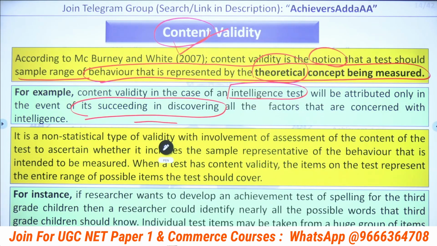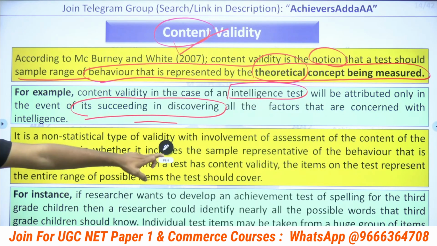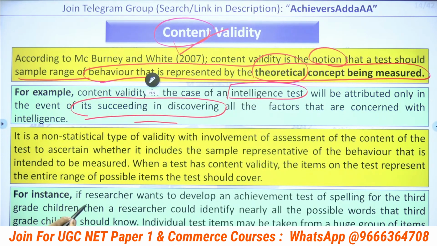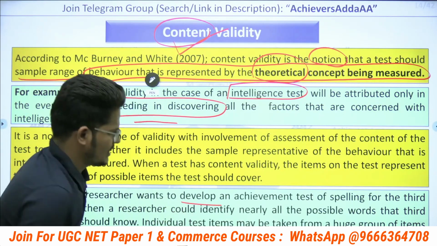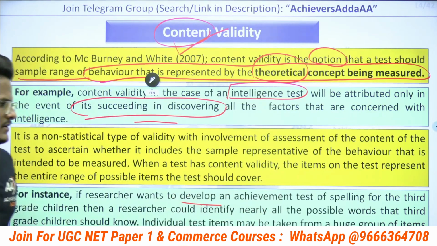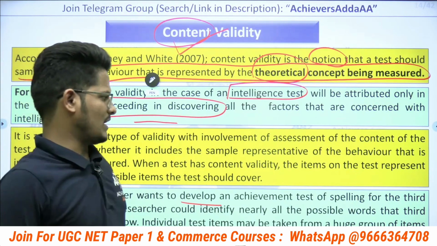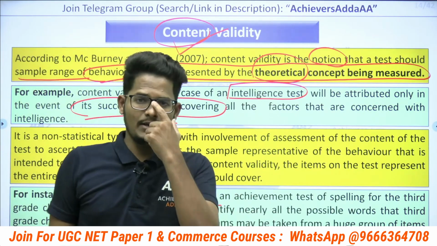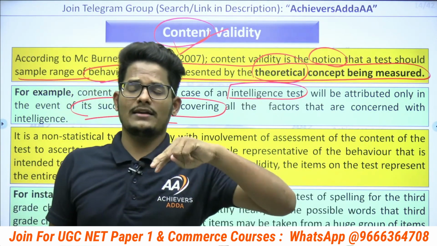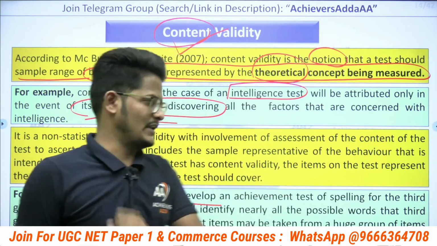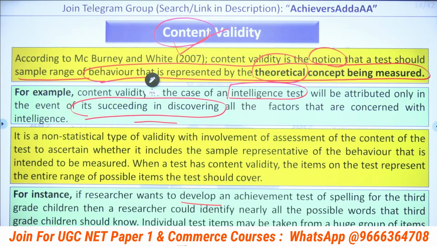Right? Now here another example has also been written. If a researcher wanted to develop an achievement test of spelling for third grade children, who are studying in third class, a spell bee contest will be there. How are they telling the spellings, whether they are telling the correct spellings or not? That type of test comes under behavior only, the behavior of a child.